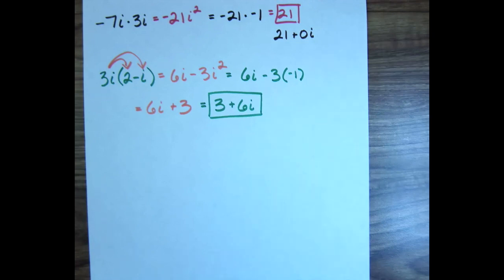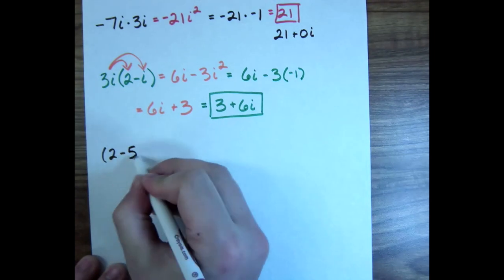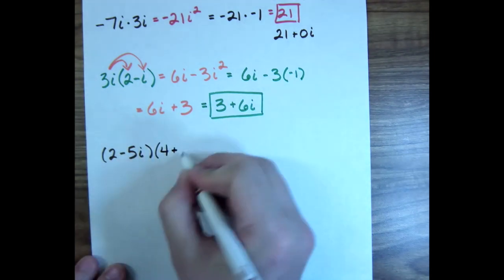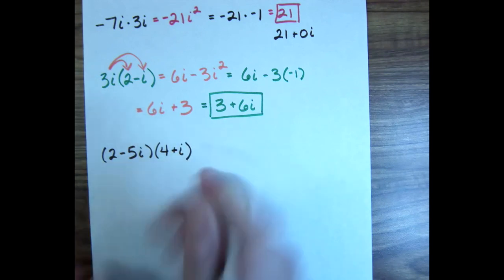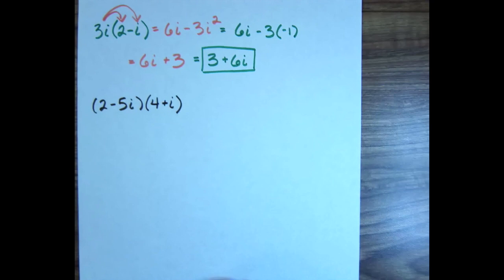Okay. If you say foil, I'm gonna slap you. You said them equal to 0? No, you just distribute.